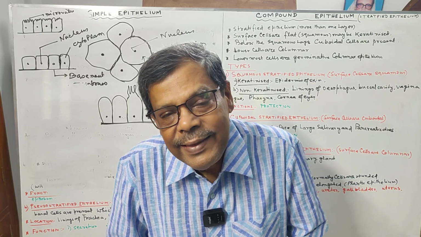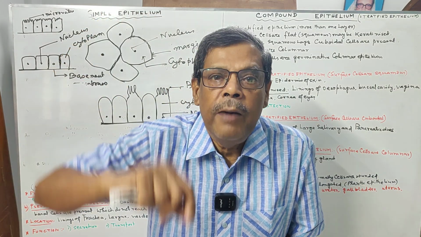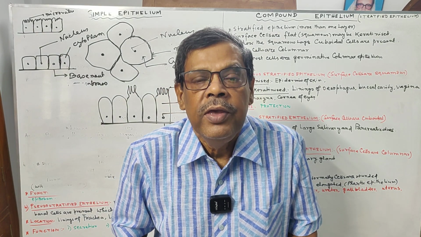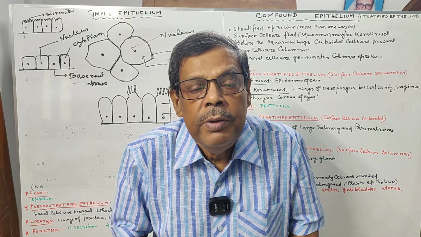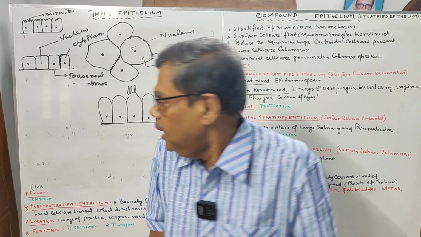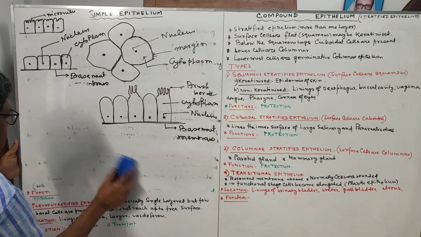The basal cells, which are short, do not extend to the upper surface of the layer. So sometimes it may appear to have different layers, but basically it is a single layer.